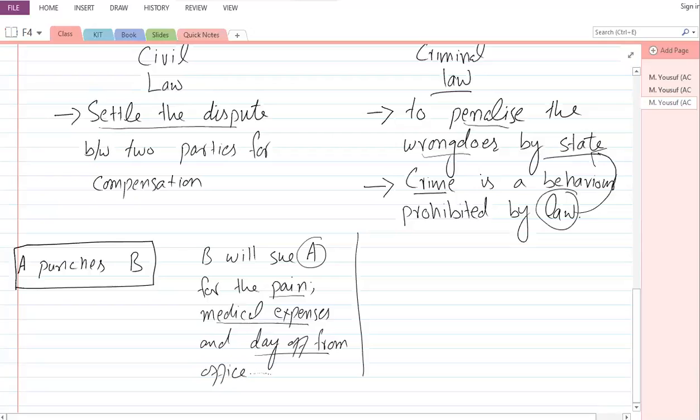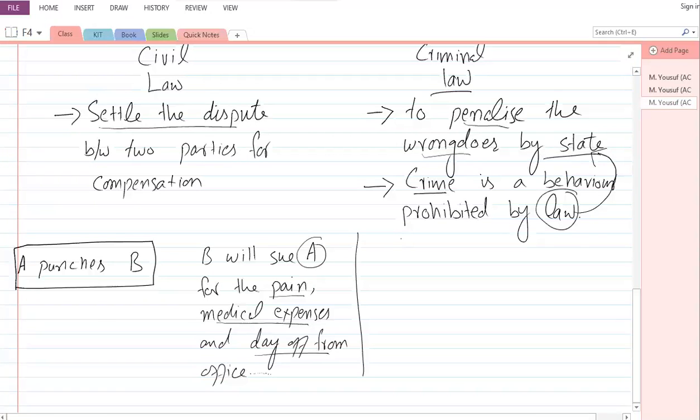So this means that A is involved in a crime because he punched B. So this type of crime is called battery. This is a specific word, battery, used for a punch or injury to a person caused by the punch or any material touch to that person.